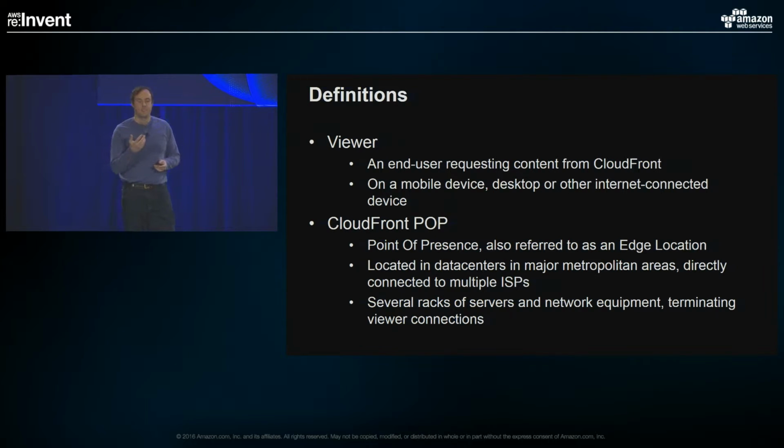So by definition, those POPs need to be in cities and generally in high-rise buildings, right next to where all sorts of other carriers have their equipment, so we can connect to them and deliver content to your viewers as quickly as possible. In physical terms, they tend to be several racks of servers and network equipment, and they are the actual endpoint that terminates that viewer connection. So when your viewers are connecting to CloudFront, they are actually having that connection terminated in one of those locations in a metropolitan area, such as in Atlanta or San Francisco or Chicago.